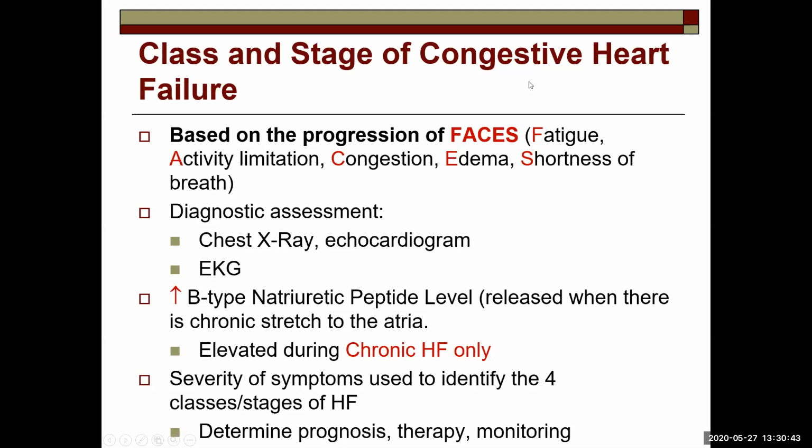So now we talk about congestive heart failure. How serious your congestive heart failure is depends on the progression of your symptoms. So we look at your symptoms, we look at the phases, we call it. How tired are you? If you have activity limitation, congestion, edema, shortness of breath.